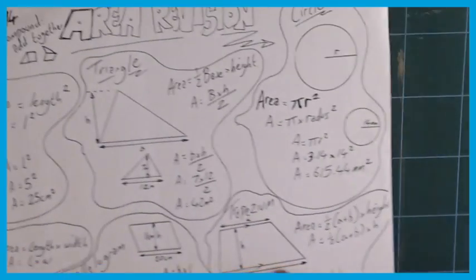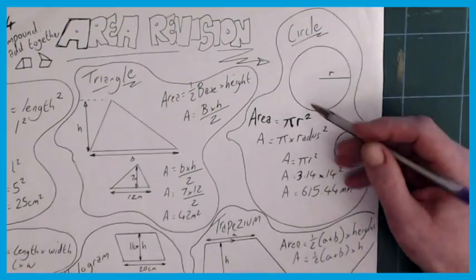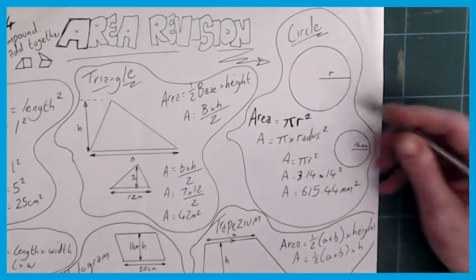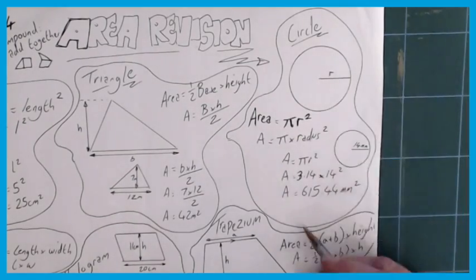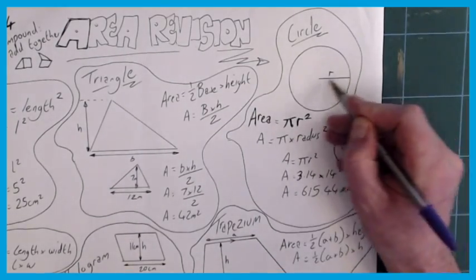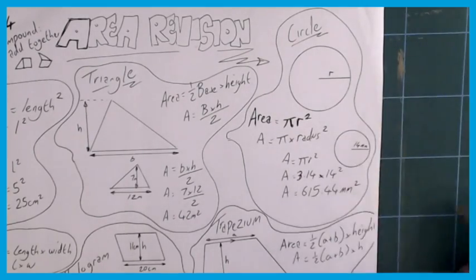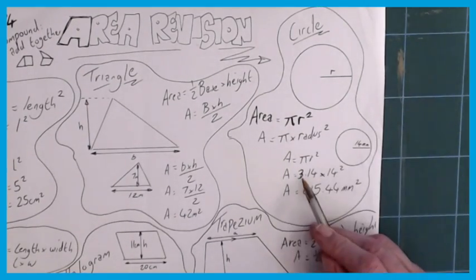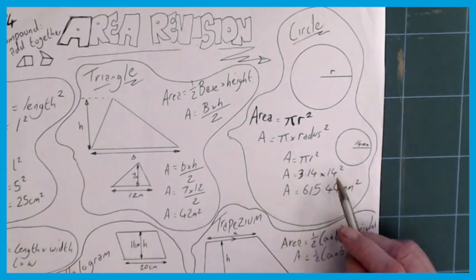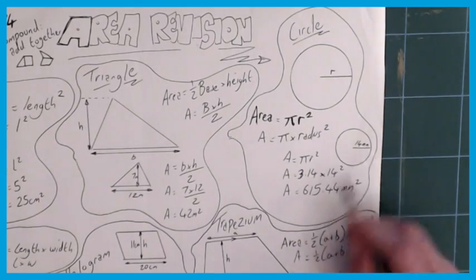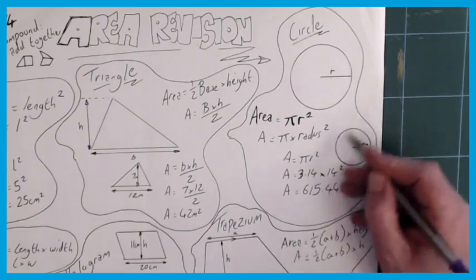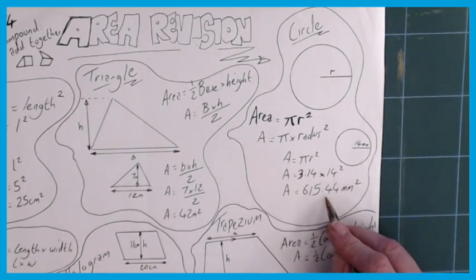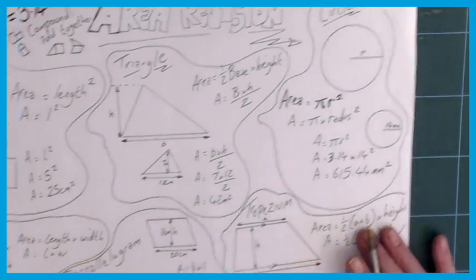Circles, we needed another formula, which we learned before. Area is pi r squared, and the radius is half the diameter. So we've got 3.14 times 14 squared. So the area of this circle will be 615.4 millimetres squared.